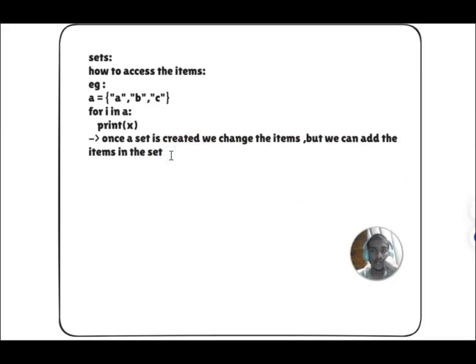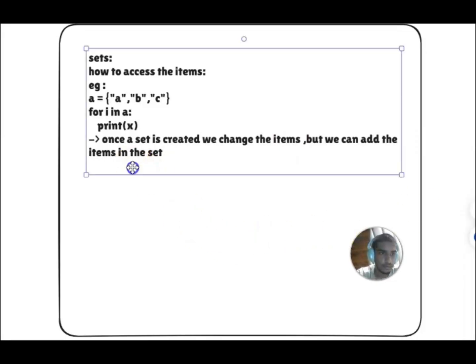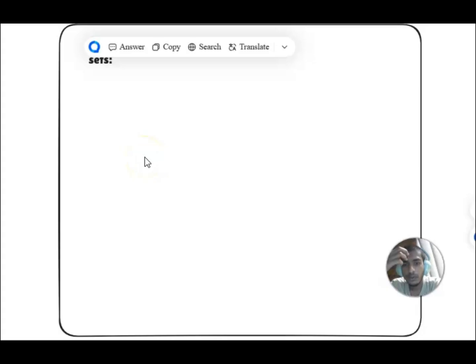Let's see how we add an element here. Now let's see how we add an element in the tuple. So, add the item to the set.